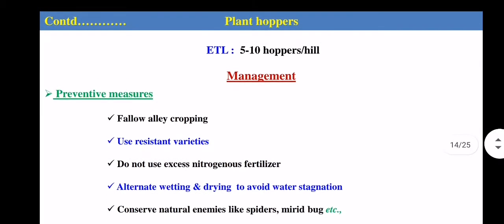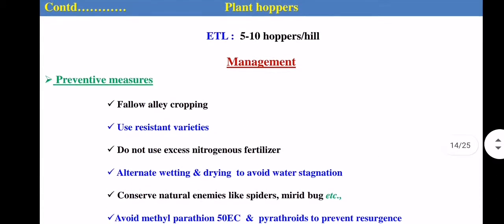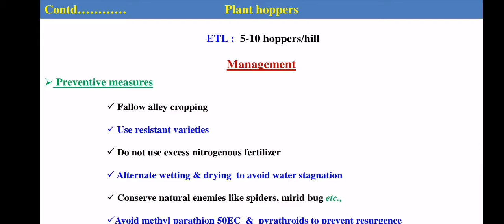So if we talk about the management of both hoppers, the ETL, the economic threshold level, is 5 to 10 hoppers per hill. Then different management strategies: follow late cropping, then use different resistant varieties against these hoppers.